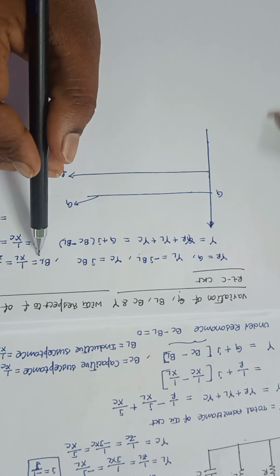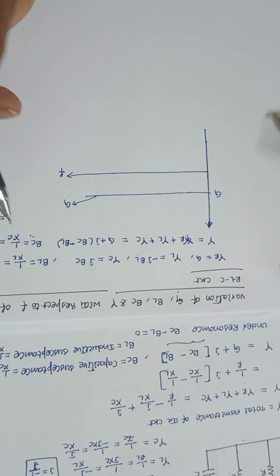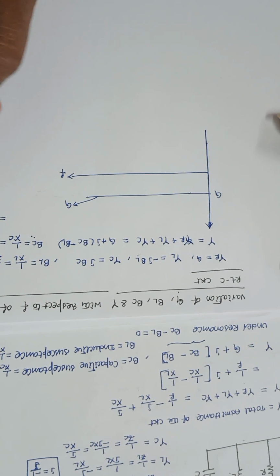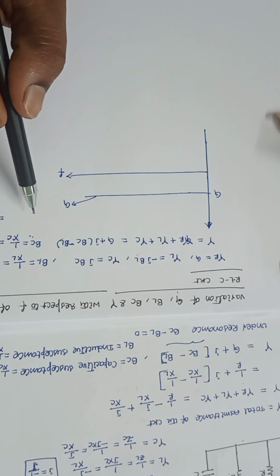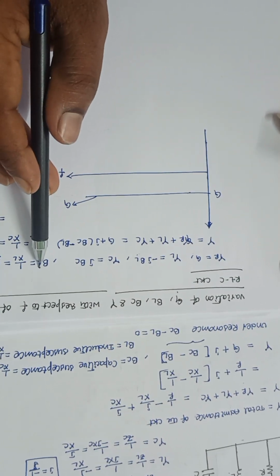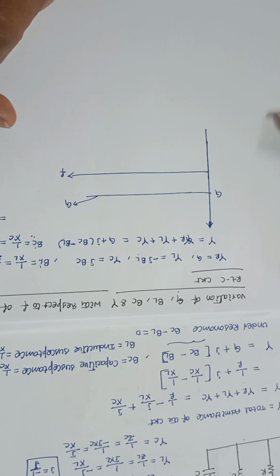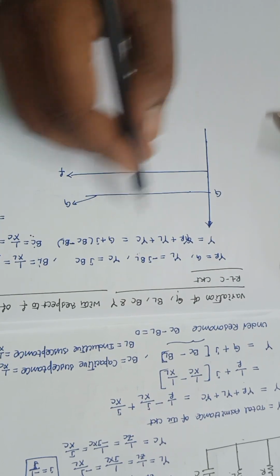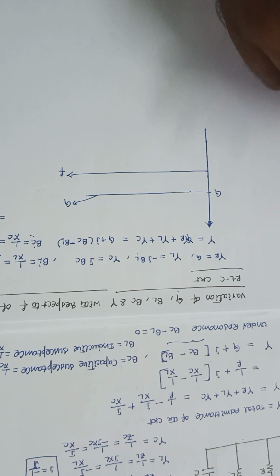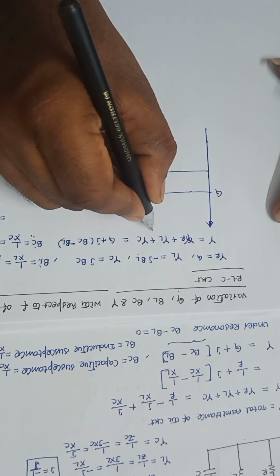as we already saw in the case of the series RLC circuit, XL is nothing but 2 pi FL, XC is nothing but 1 by 2 pi FC. So BL is in the form of XC, BC is in the form of XL. These curves we have already drawn in the case of the series RL circuit. So XL will be like this.